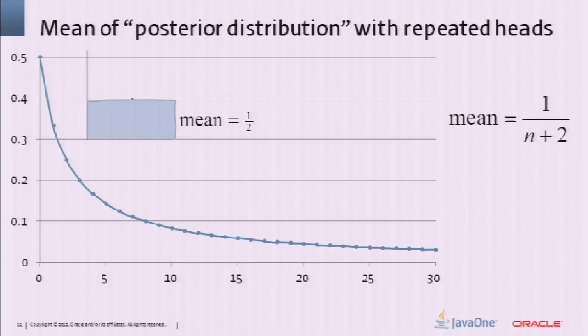And the formula to update it properly is that the average is 1/(n+2). So as you get more and more coins coming up heads, you think there's a less and less probability it's going to come up tails. And this is a rational way to do that based on the expectations of what you've seen.